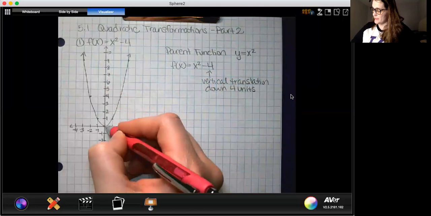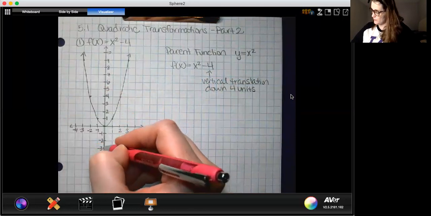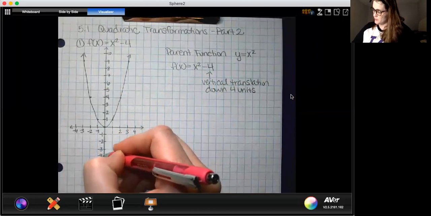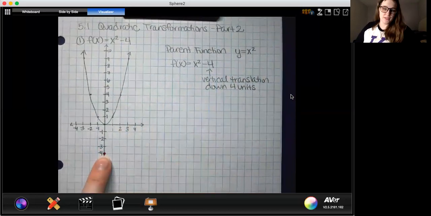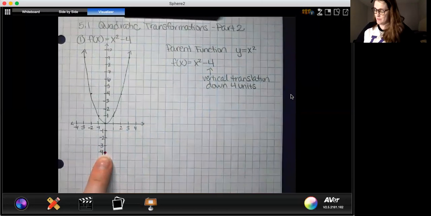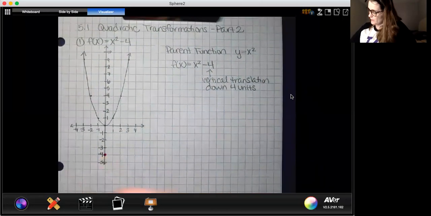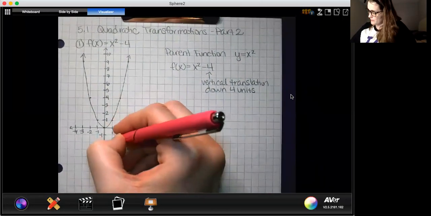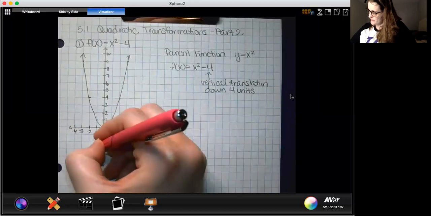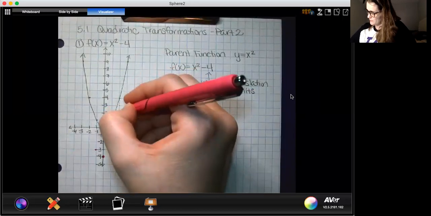So my vertex at 0, 0 is going to go down 4 points. 1, 2, 3, 4. That means my new point is at 0, negative 4. I'm going to do the same thing for each of my points. Down 4. 1, 2, 3, 4. Down 1, 2, 3, 4.